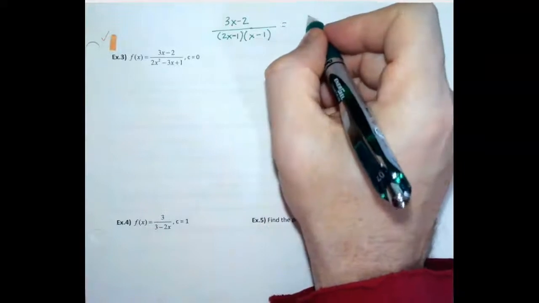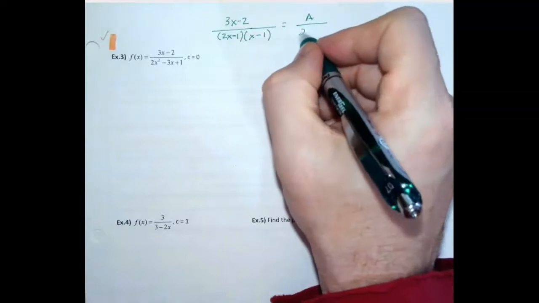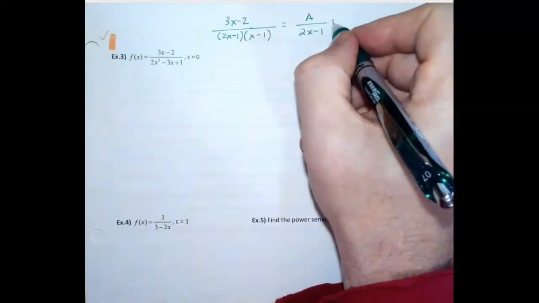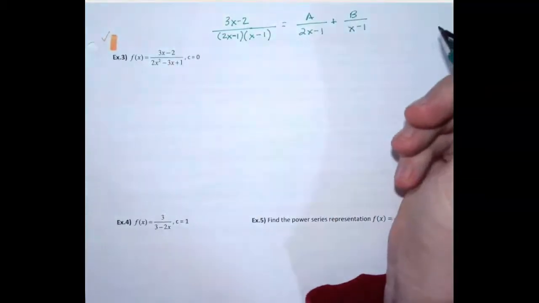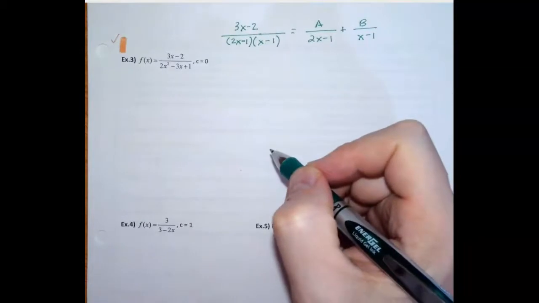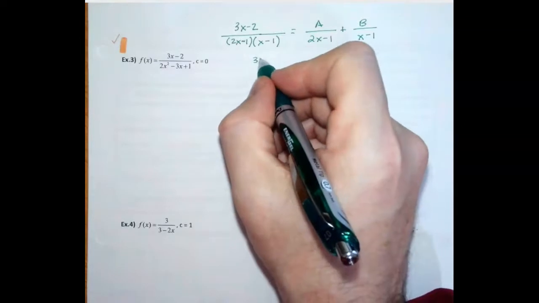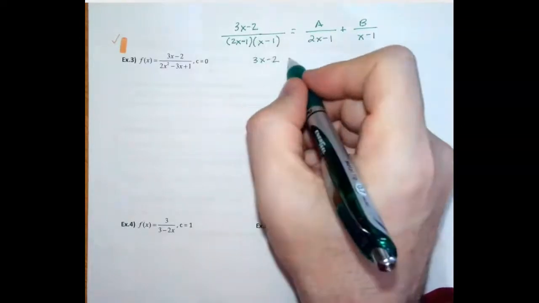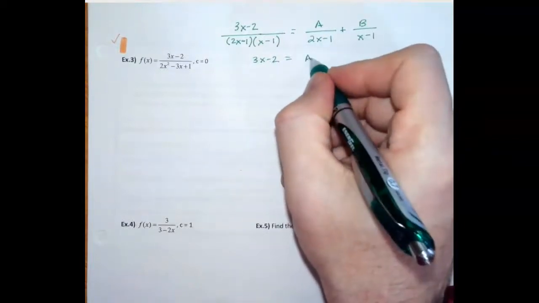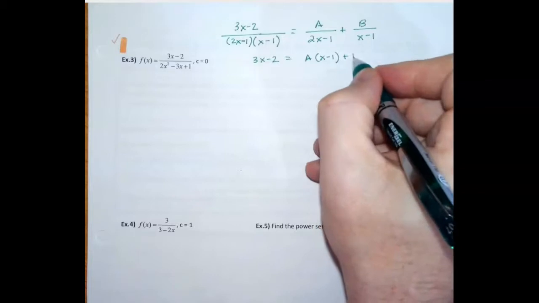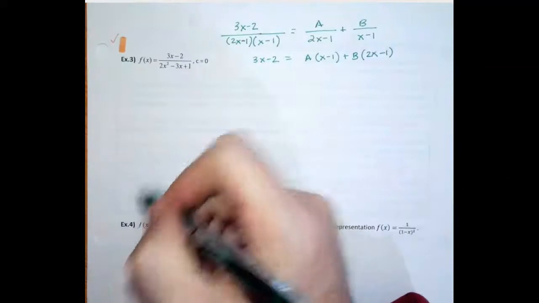Okay, so that's going to be a over 2x minus 1 and b over x minus 1. This is a nice little review of partial fraction decomposition. So if we multiply by the common denominator, that'll cancel all that out. Here, this will cancel, and so we'll have a times x minus 1. Here we'll have b times 2x minus 1.